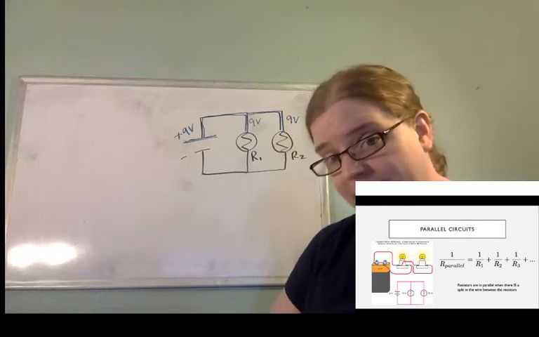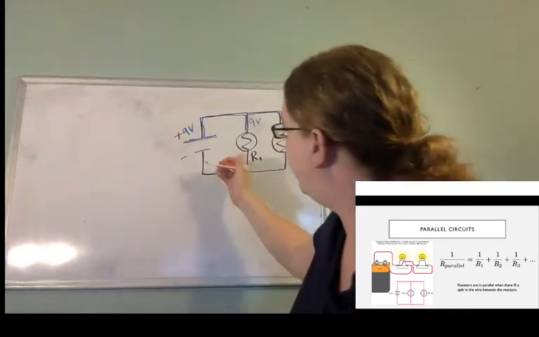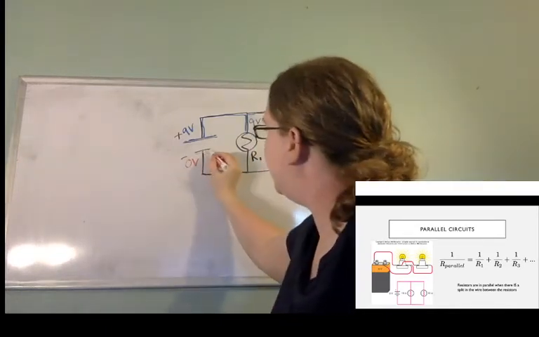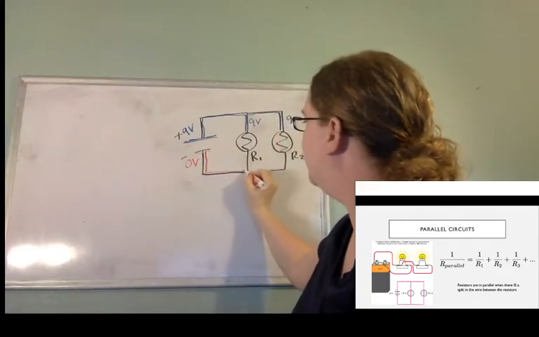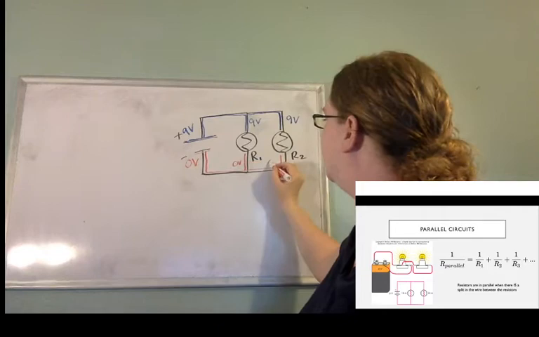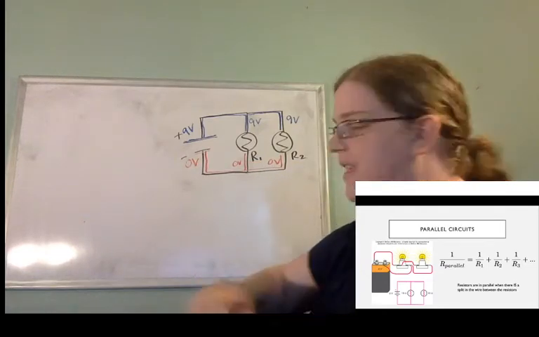On the other hand, if we look at the bottom part, down here I'm at 0 volts, and anything along this wire is at 0 volts, like that. And so these are connected.